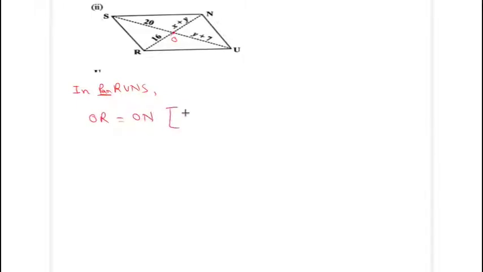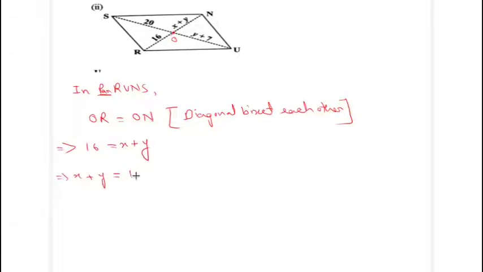Why? Because diagonals bisect each other. So the value of OR is how much? 16, and ON is x plus y, or we can simply write x plus y equals 16, equation number 1.